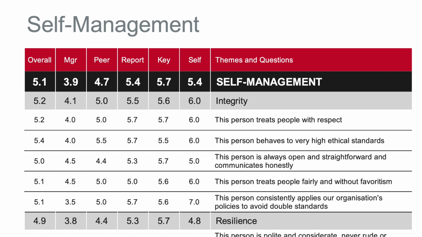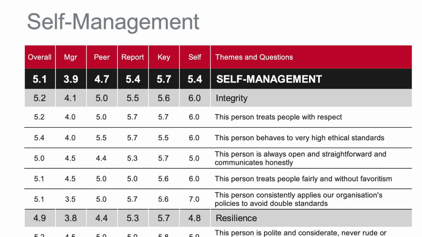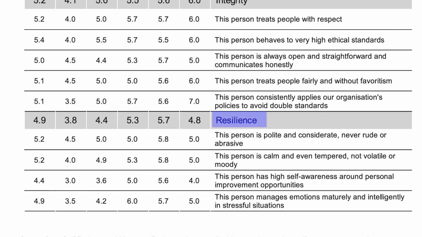On some items within self-management, he's rated himself as a 6. So this is going to be a challenging discussion with Lee. There is one area where he self-reflects and rates himself quite similar to the other raters, and that's around resilience. So he clearly is somebody that has trouble coping with some of the stress related to his role.